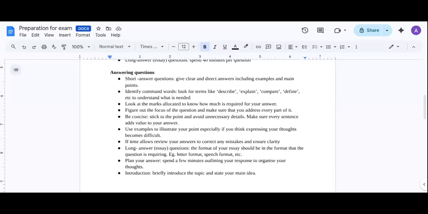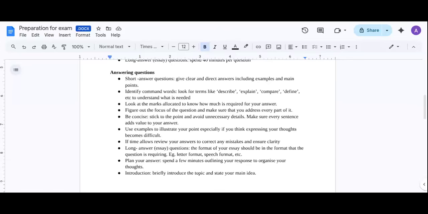Or let us say they ask, describe one of the functions of the family, and you see 2 marks. Automatically, you know they're not asking you just to name a function, but they want you to tell them about the function because it is 2 marks. Although it is one thing that they want, based on the command word and on how many marks are allocated, we know that they are asking for a little more explanation, a description.